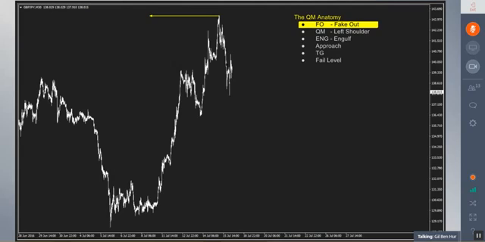So let's say you see a formation on H1 and your entry will be on M5. Your first levels to investigate for the target will be on the M5, and if that gets engulfed, you go to M15 and M30 and M1, and maybe it's going to evolve to H4 or even a monthly trade.